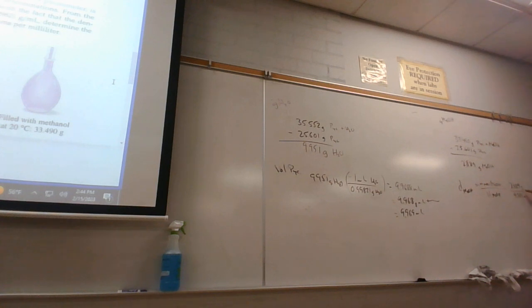How many sig figs are we allowed? Okay, now this is the final answer, so I'm going to round this. I have 4 sig figs, so I'm allowed 4 sig figs: 0.7914 grams per milliliter. So this is a little less dense than water, roughly 0.8.